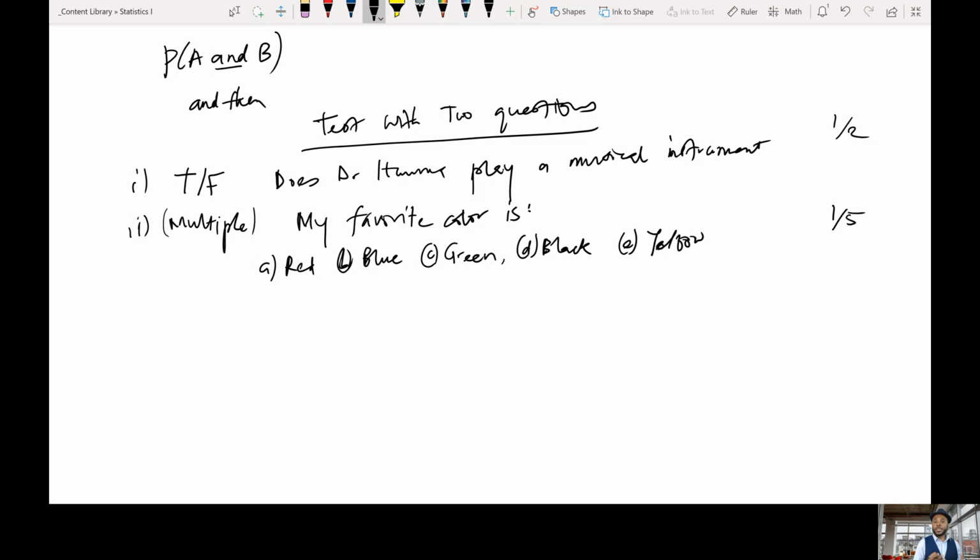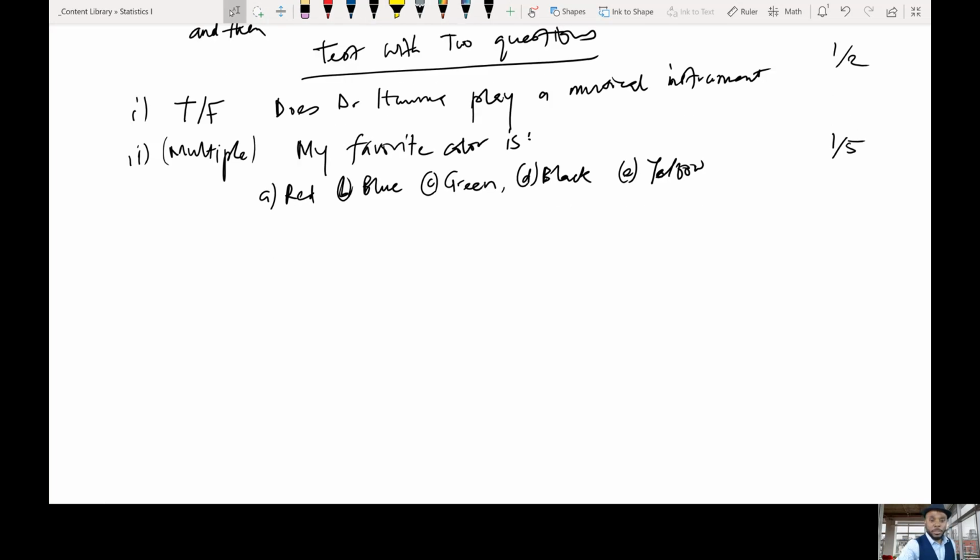Now, if you guess randomly, what is the probability of getting both questions correct? You know that both questions are independent of each other. So we're going to create a tree. For the first level, it can either be true or false.